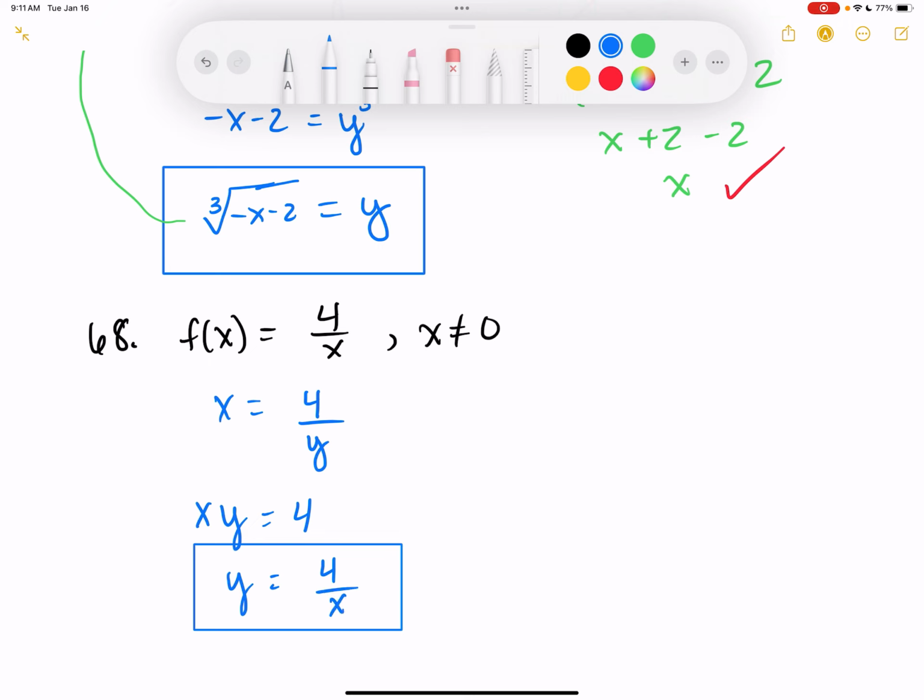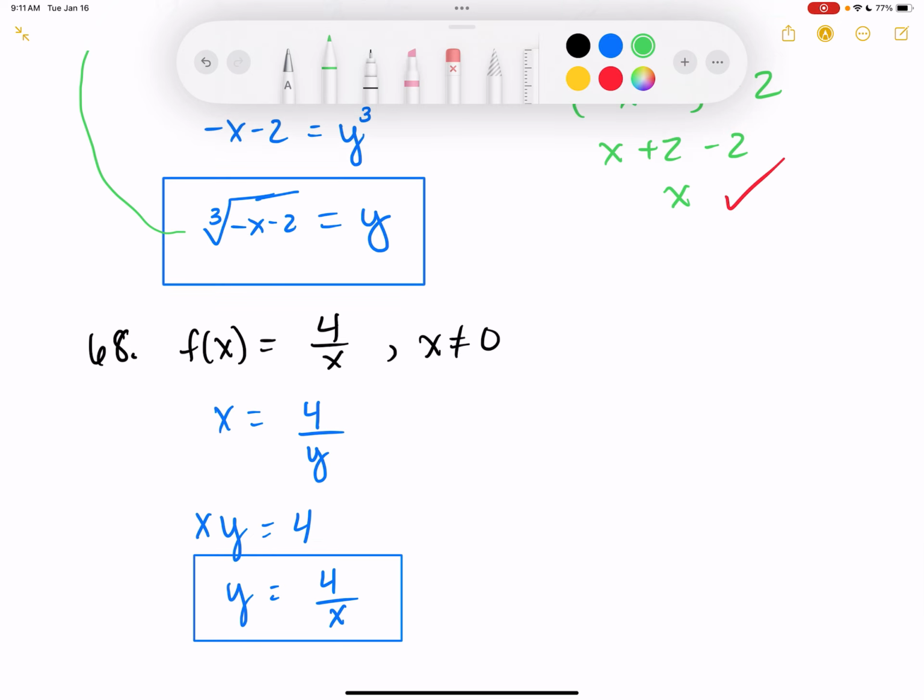What do you notice about this and this? My inverse and my original. It's the same, which kind of looks concerning, right? Okay, so let's check it and make sure. So I've got 4 over, now where this x is, I'm putting this 4 over x.